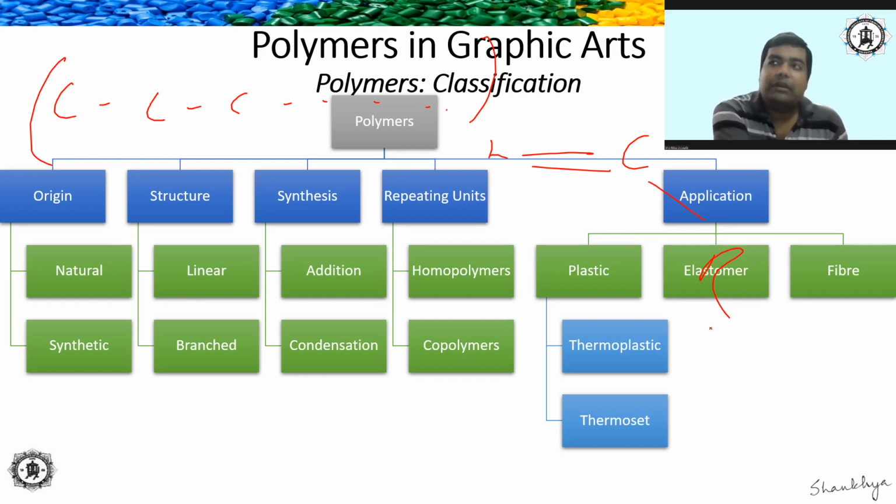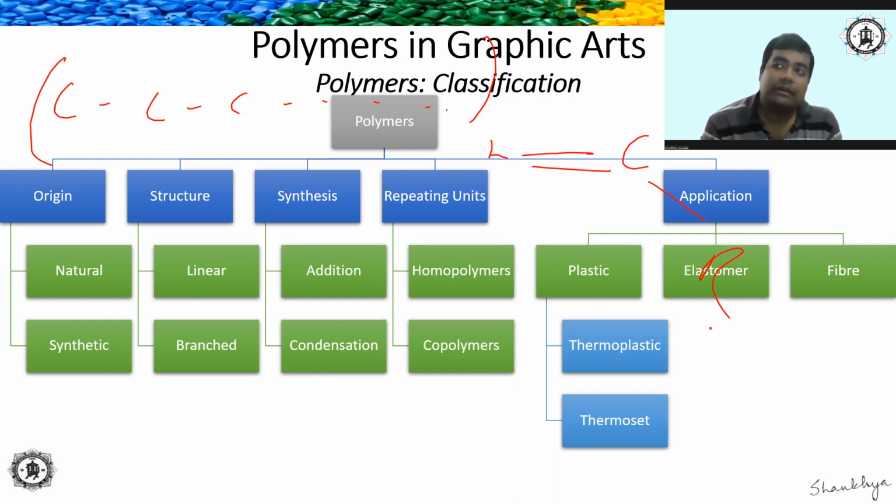I will be giving examples of each type of polymer, but just by structure, the way the atoms are arranged within the polymer, they can be classified as either linear or branched. The next method of classification is synthesis.